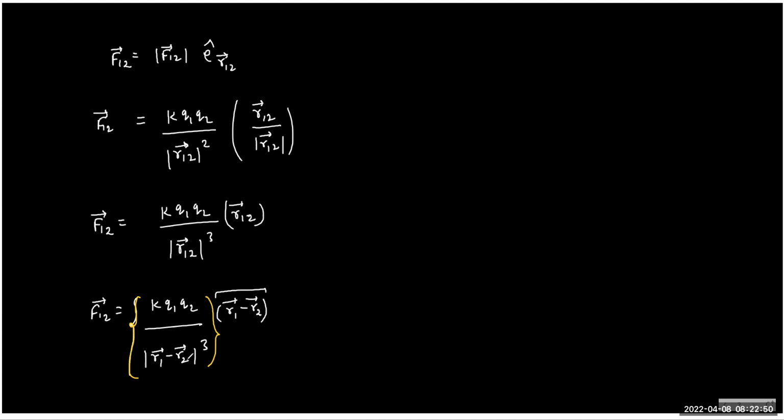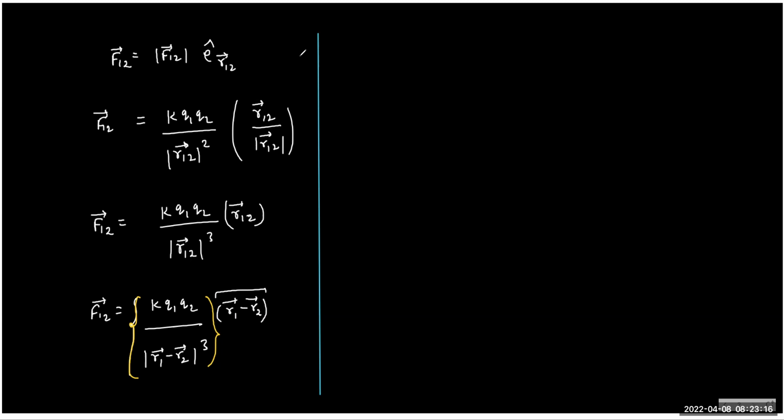Now there is a small catch in vector representation of the formula. While deriving this formula, I presumed that Q1, Q2 have the same sign; they are positive. But what if the signs of Q1, Q2 are opposite? If Q1 is positive, Q2 is negative, then the force will reverse the direction, right?